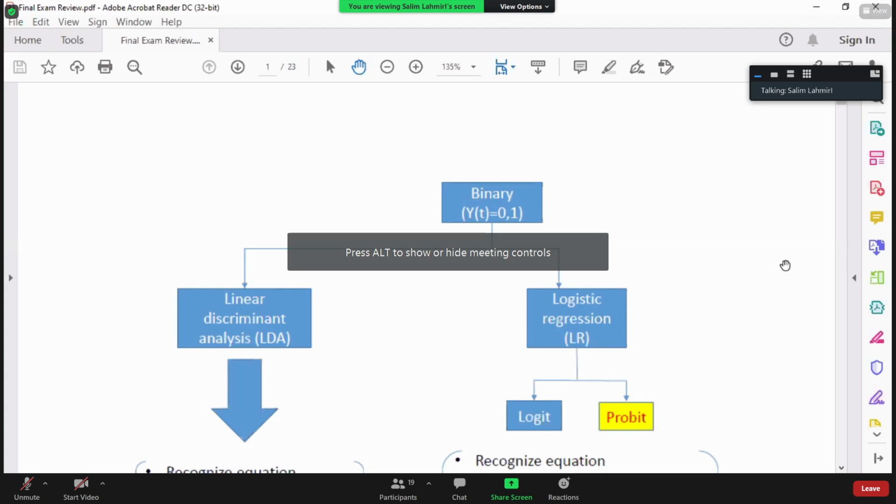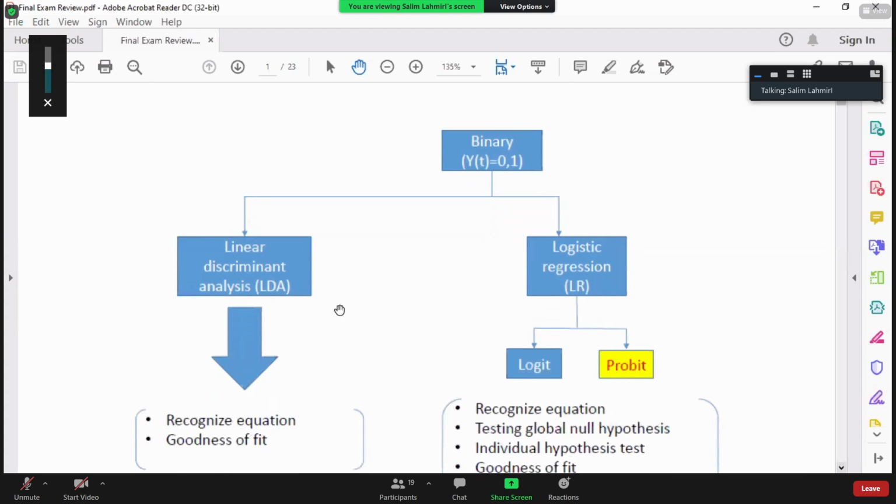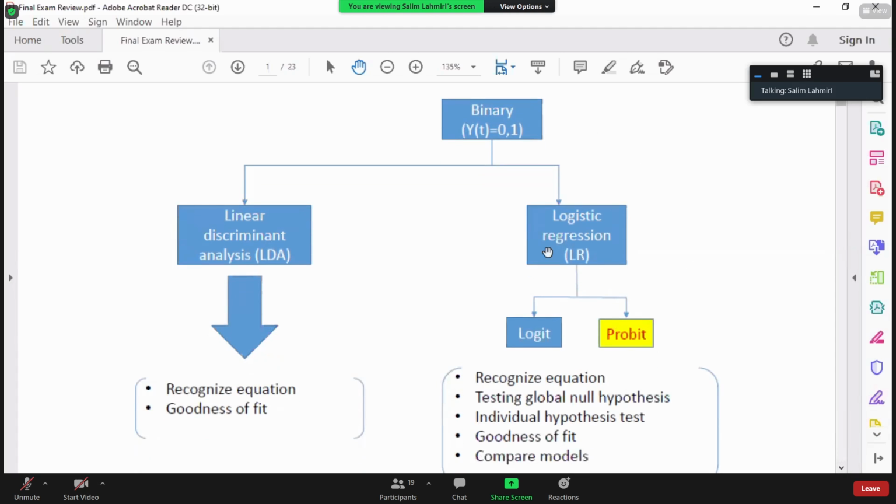So when y is binary, for instance, you have the choice between running two types of regressions: linear discriminant analysis and logistic regression. Or, generally speaking, nonlinear regression.